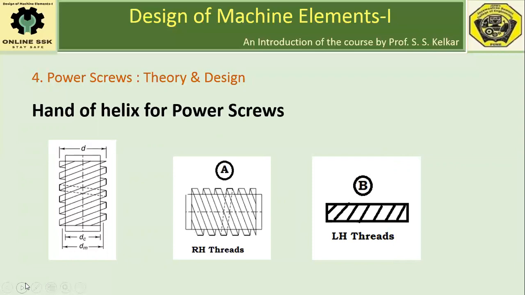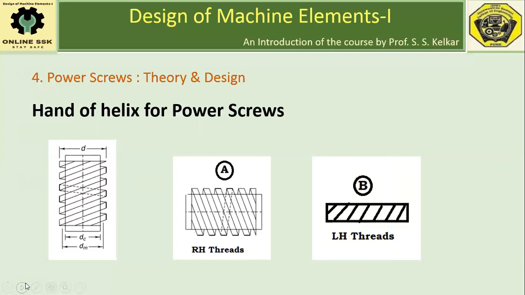Now, one thing you can note that in the leftmost figure, if you are applying the thumb rule, you will find that the threads are leaning towards left hand, and so student may confuse whether the screw is of left hand or right hand.